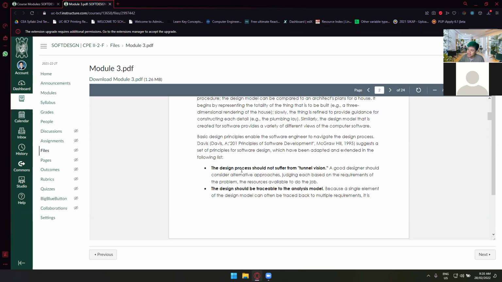Anyway, the first one is the design process should not suffer from tunnel vision. I guess this one's very straightforward. When you say tunnel vision, if you only have this plan, then you don't consider other alternatives anymore. So you must not restrict your plan in this kind of process, this tunnel vision that they're calling.